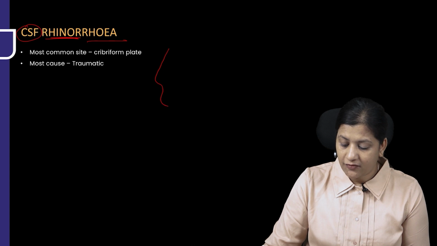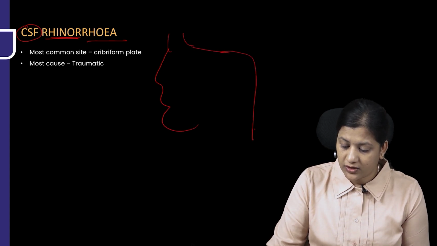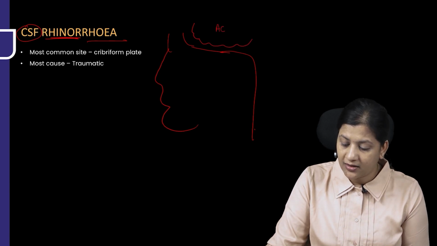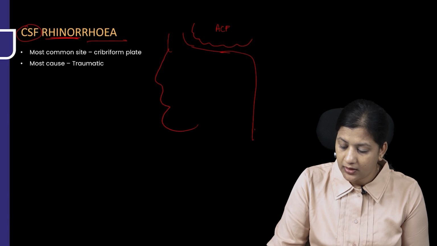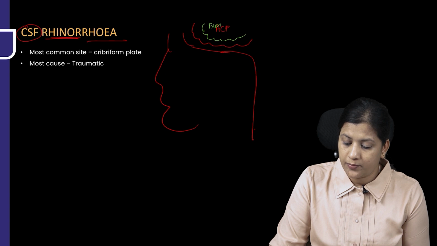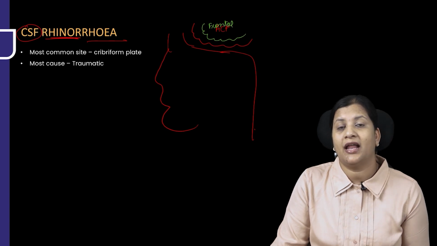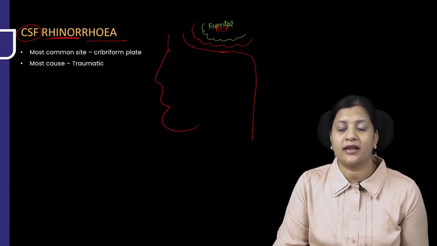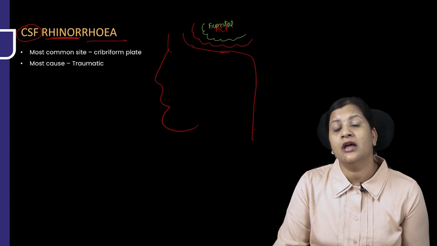Typically, if we take the nose, we have the roof of the nose that separates the nasal cavity from the anterior cranial fossa. So we have the brain, typically the frontal lobe. Sometimes it can happen from the middle cranial fossa and posterior cranial fossa also, but commonly we get it from the anterior cranial fossa only.